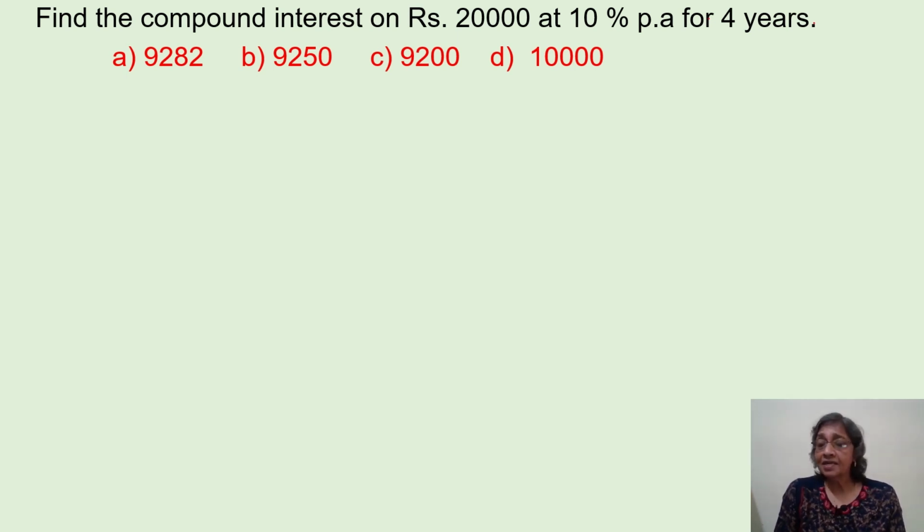Now, in my earlier video, I had given you some ratios, effective rate method. So, I'm going to show you 2 methods here probably. The first one is by the effective rate method. Now, effective rate method for 4 years.